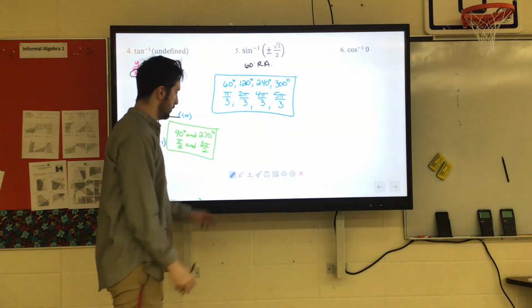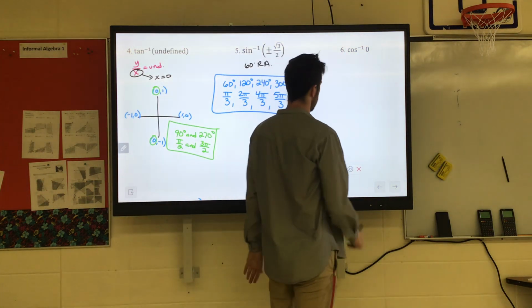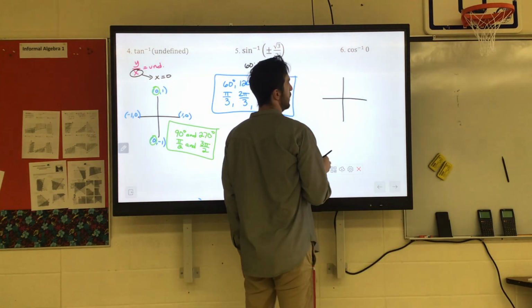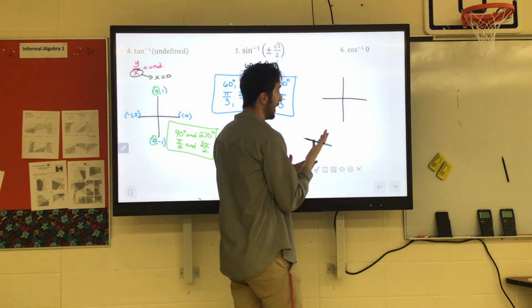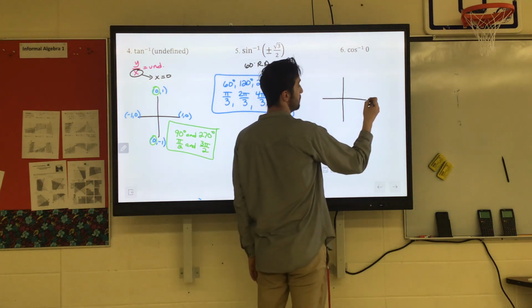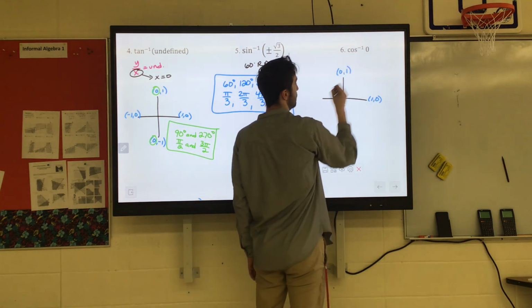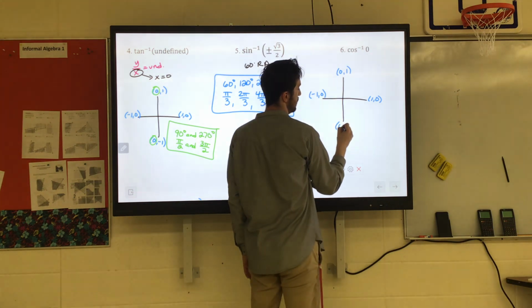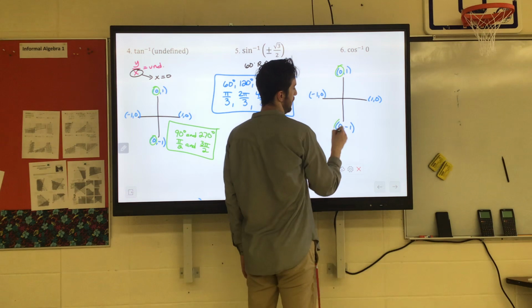And the last one, well, that's not true. Cosine x is equal to 0. Again, it's going to be one of those quadrantal angles. When x is 0, x is 0 up here and down there.